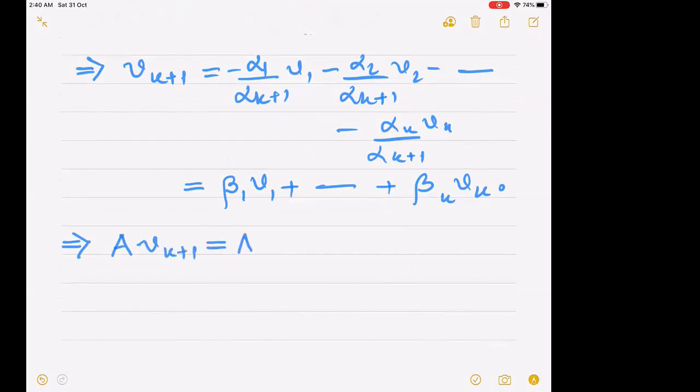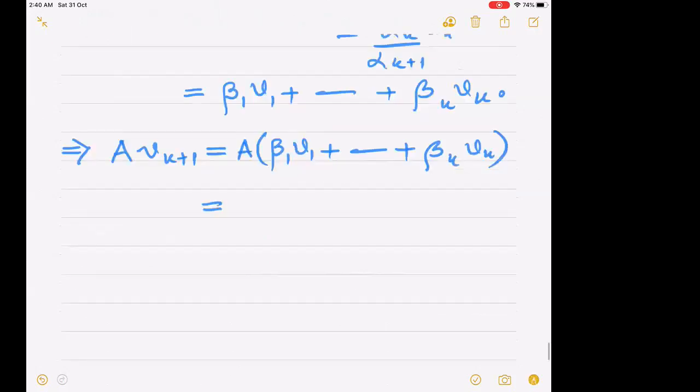This is A acting on beta 1 v1 plus dot dot dot up to beta k vk. This is the same as beta 1 A v1 plus dot dot dot up to beta k A vk, right?